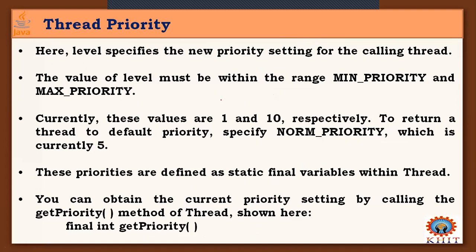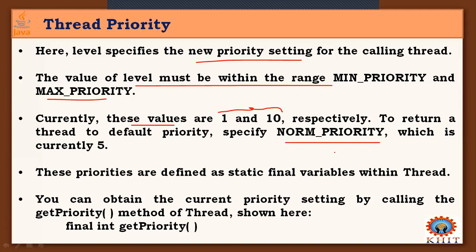Here level specifies the new priority setting for the calling thread. The value of level must be within the range MIN_PRIORITY and MAX_PRIORITY. So the values of that level may vary from 1 to 10 respectively. To return a thread to default priority, specify NORM_PRIORITY, the normal or default priority, which is currently 5.